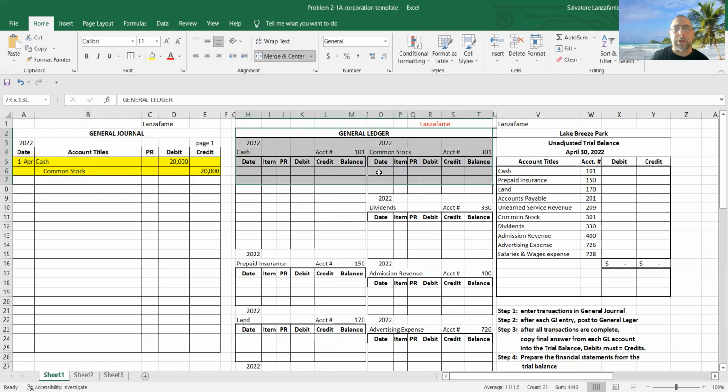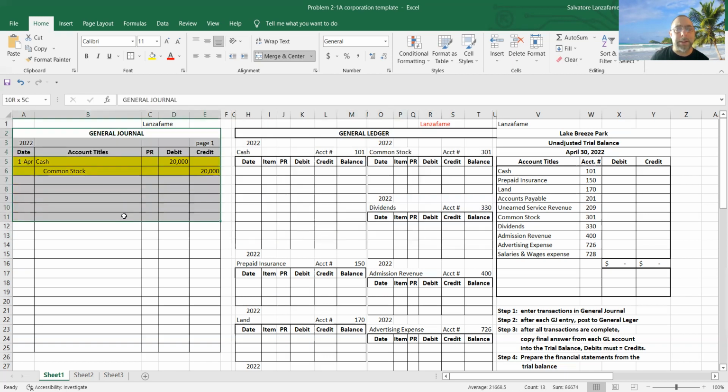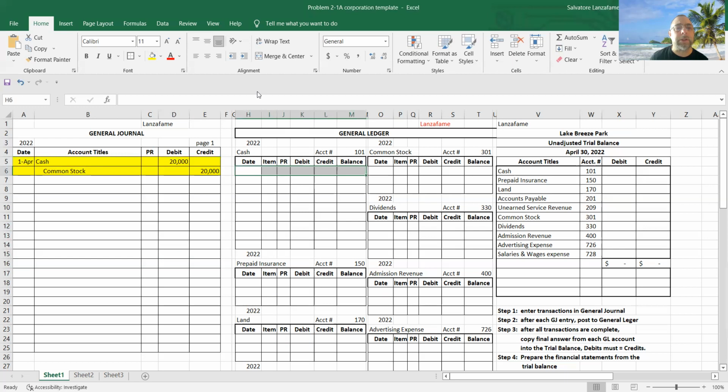The general ledger is what I refer to as step 2. After you get done posting to step 2, you go back to step 1. So try to remember that as we go through this. We've just done step 1. Now what I want to do is copy the information into step 2.